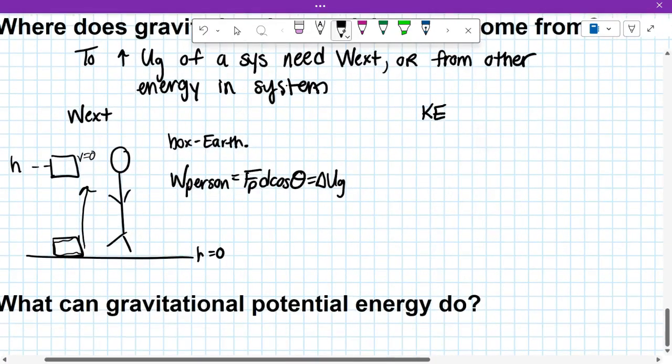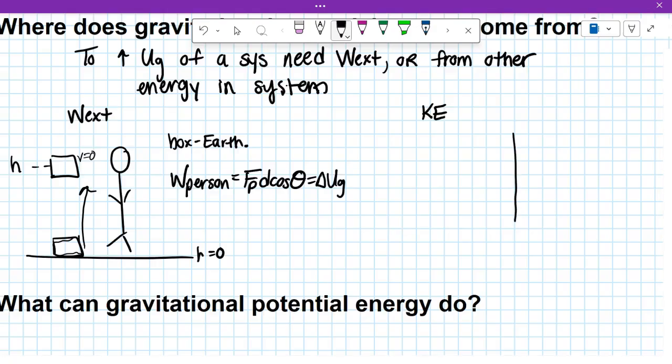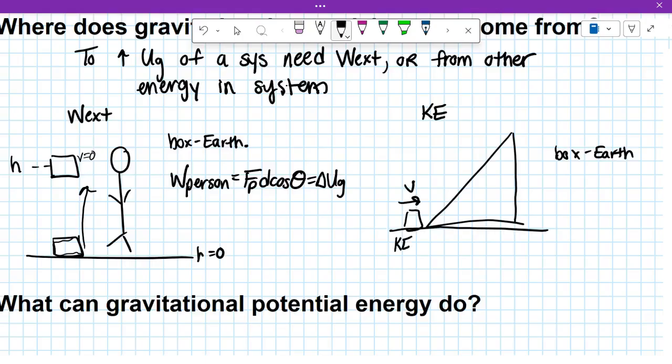So an example of where we could get some potential energy from is kinetic energy. Again, let's say we have a box Earth system. Let's say we have a box that is traveling across a surface at a speed v, so we have some kinetic energy here. And then that box slides up this incline, let's say it's frictionless, and reaches some maximum height.